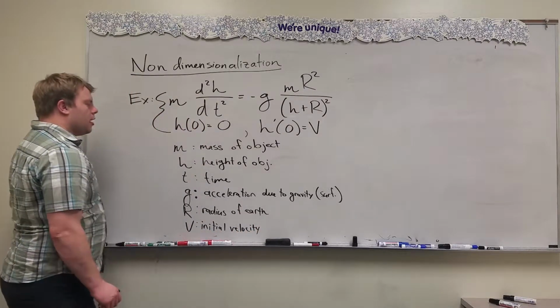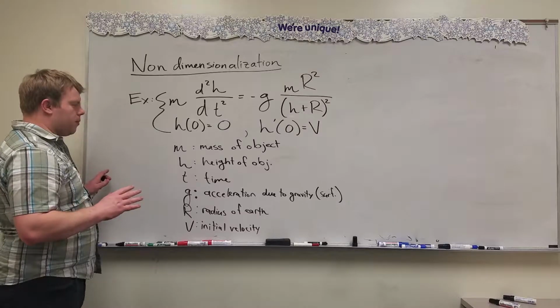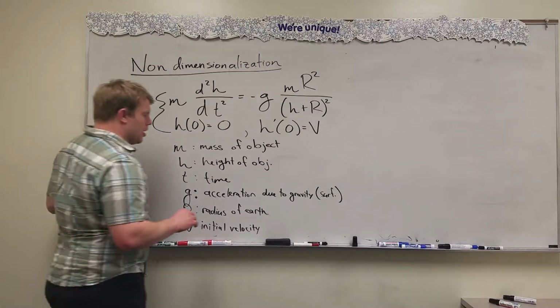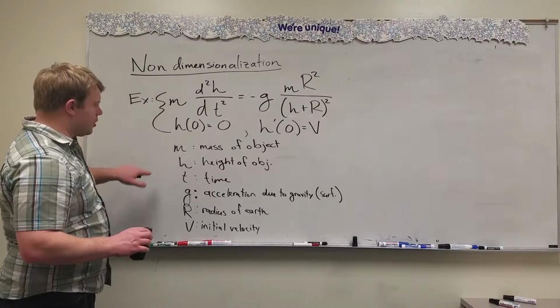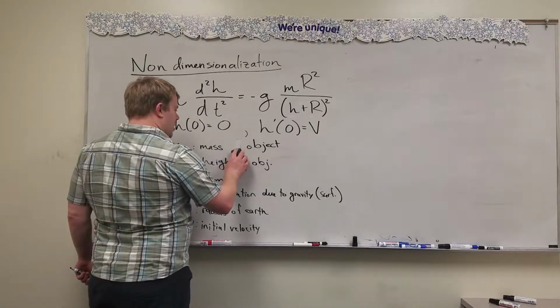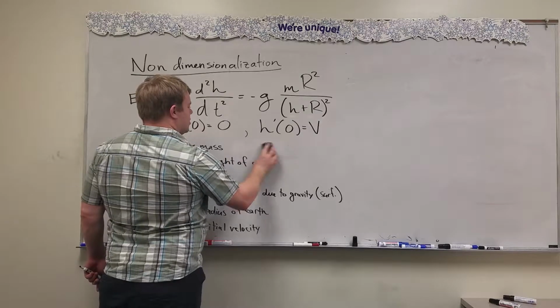And finally, we have v, which is an initial velocity. Okay. Now, for the purposes of non-dimensionalization, I don't really care what each thing actually is at this point. I just care what type of quantity it's describing.